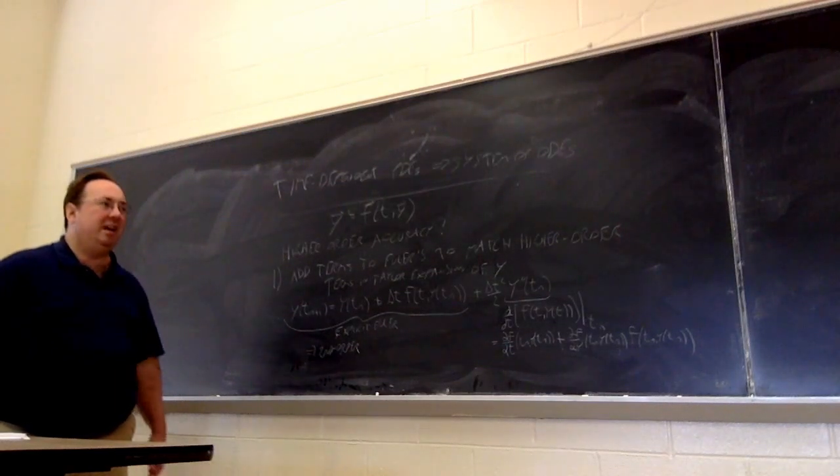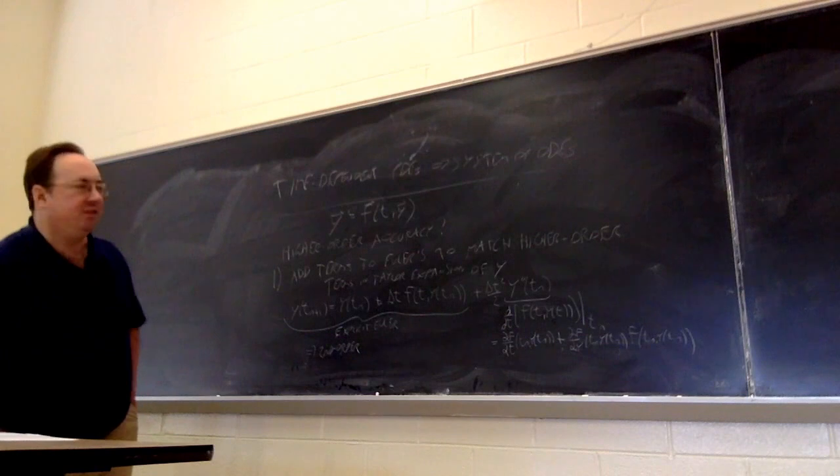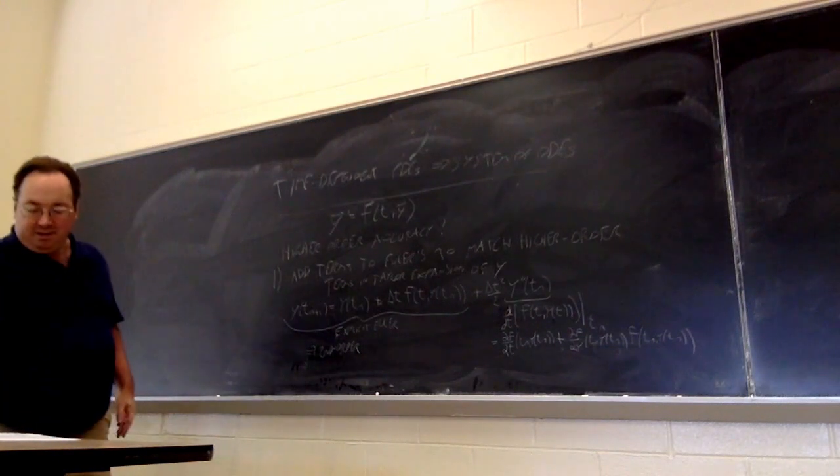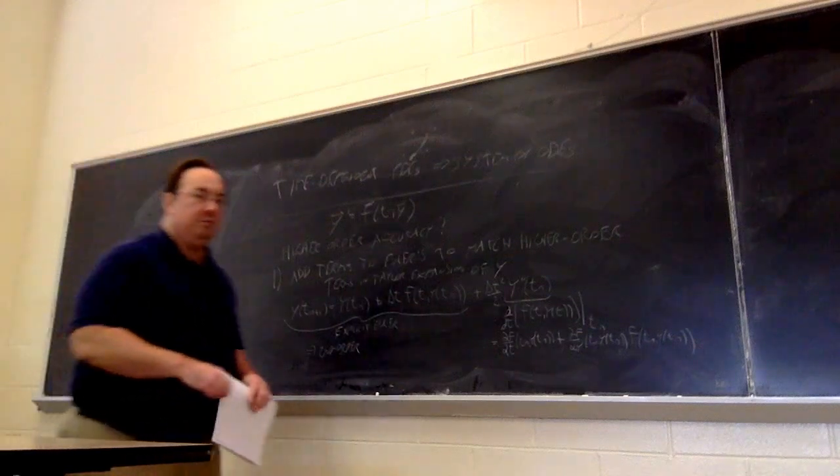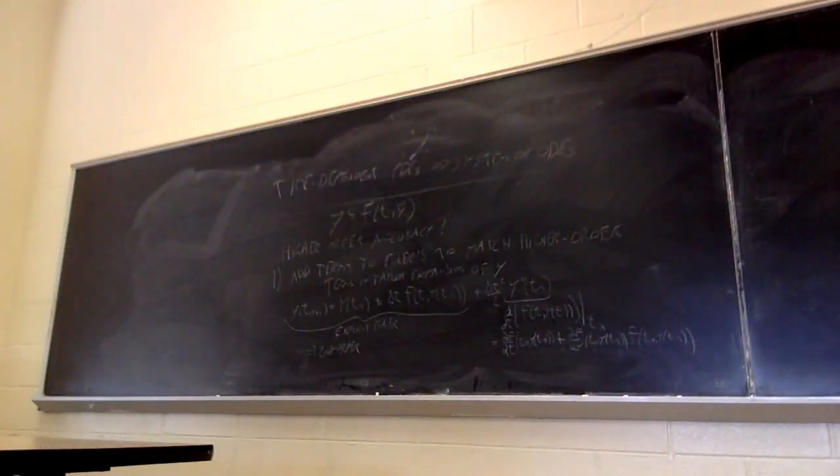But we don't have to assume that. There are other ways to get high order accuracy without going to this trouble, because these expressions for high order derivatives of y in terms of derivatives of f just mushroom in complexity. So then the next one will be a lot worse.